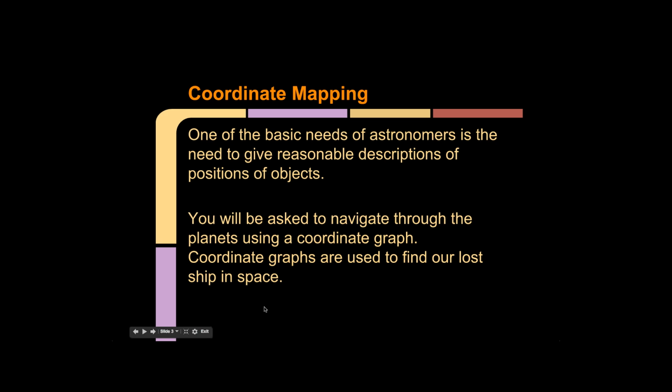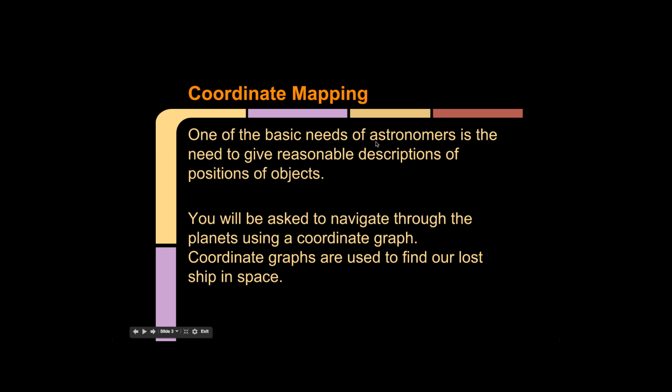All right. So coordinate mapping. For some of you, this will be a review. Most sixth graders have seen some kind of coordinate system before. Fifth graders, maybe, and fourth graders, this might be brand new to you, but it's not hard and it's actually really fun.